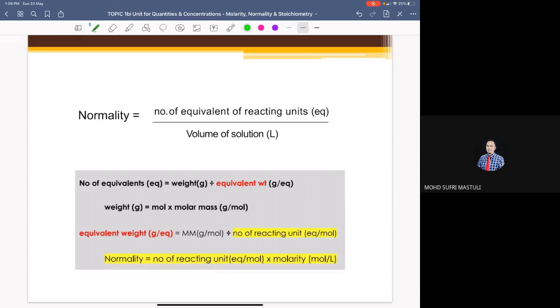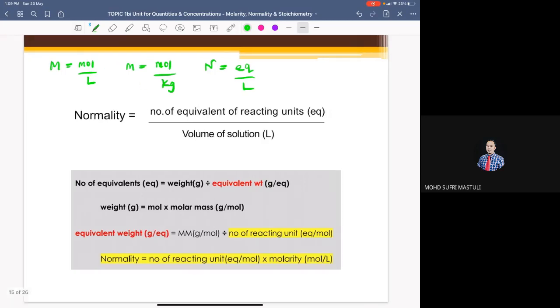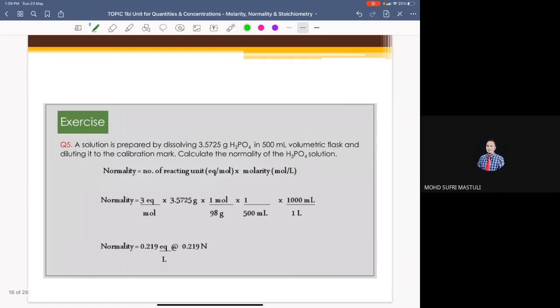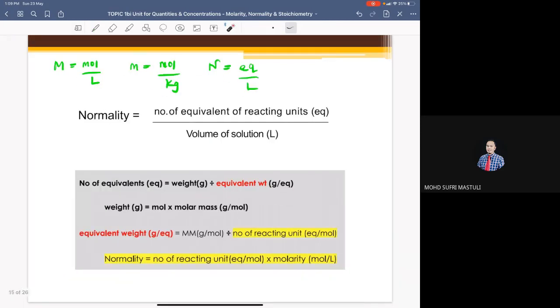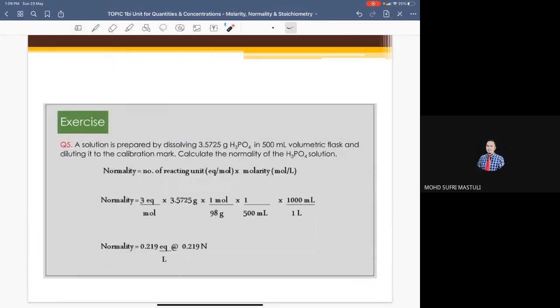So you can write here: molarity is mole per liter, molality is mole per kg, and normality is number of equivalent reacting unit per liter. This one we come back to later. We see what we have here.